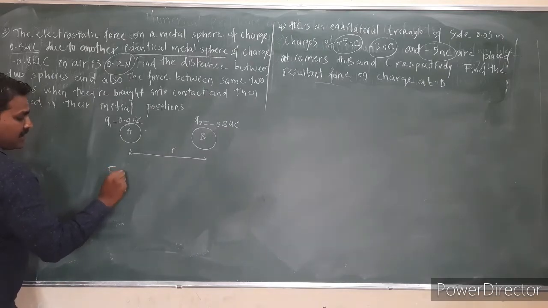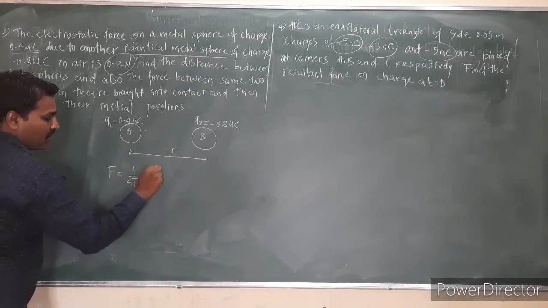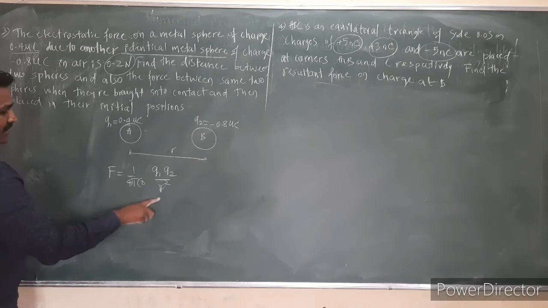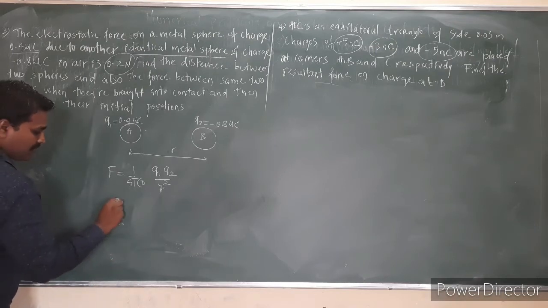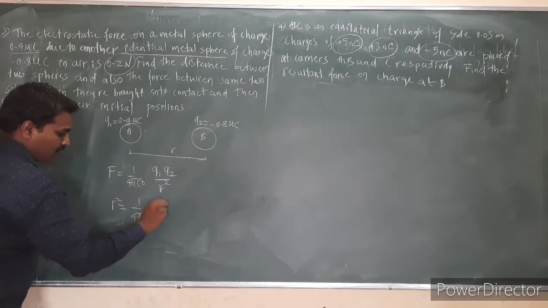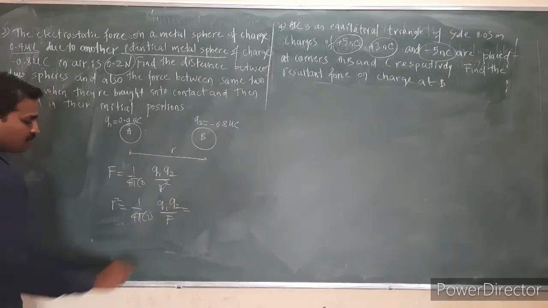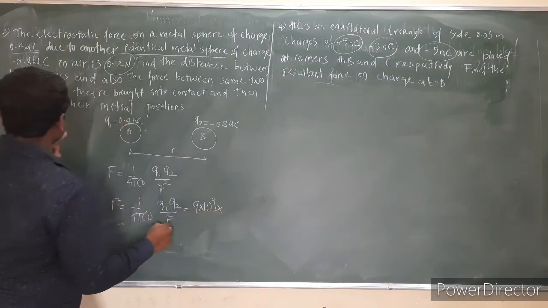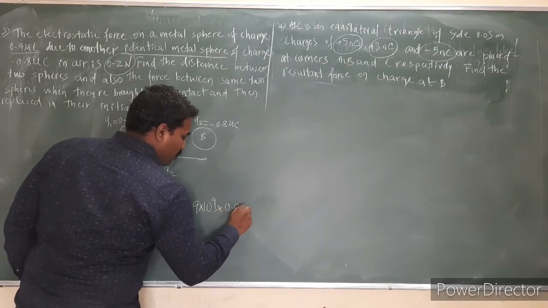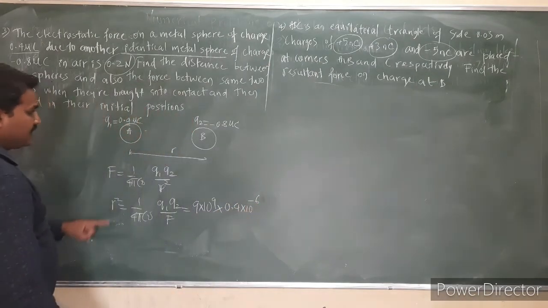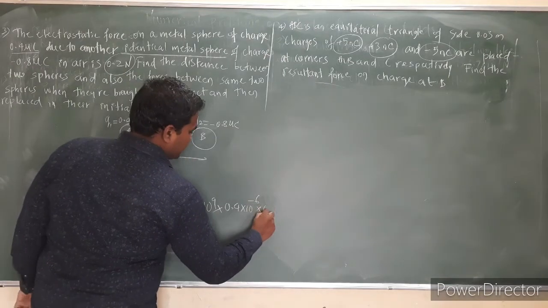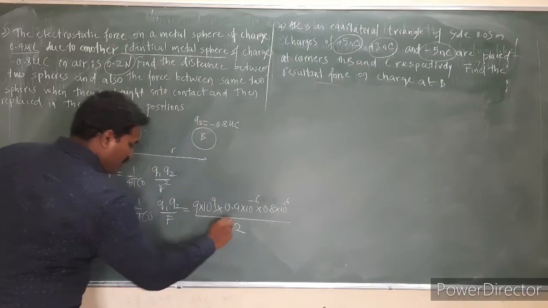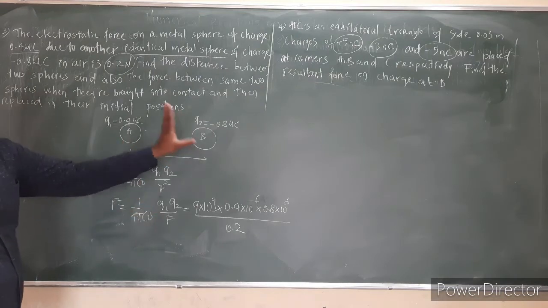I simply write F is equal to 1 by 4 pi epsilon naught, q1 into q2 divided by r square. By substituting the values I can find r square, which is 1 by 4 pi epsilon naught, q1 into q2 divided by F. Substituting: r square is equal to 9 × 10^9 into 0.4 × 10^-6 into 0.8 × 10^-6, divided by 0.2, which is the force between the two metal spheres.